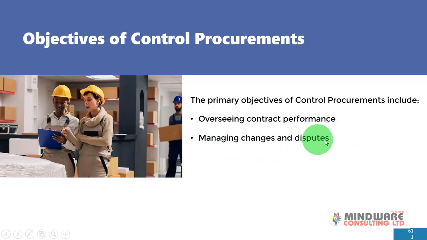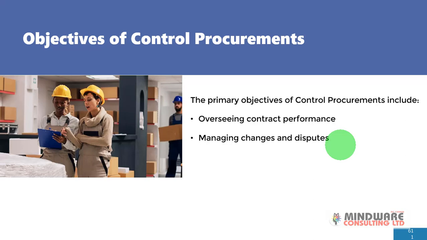Secondly, managing changes and disputes in the life cycle of the project and during the procurement process. You might have changes here and there, and maybe conflicts, disagreements here and there. So in control procurement, this is where we manage those changes and those disputes and ensure that whatever changes we make will not have an adverse significant impact on the project outcome or the deliverable.